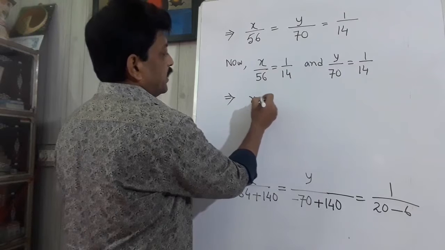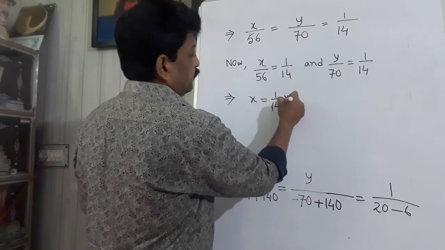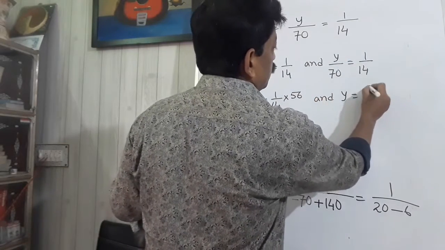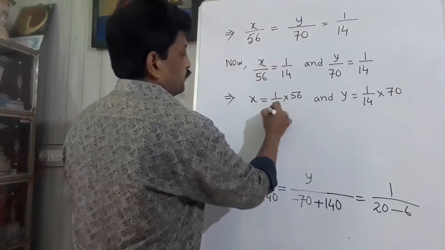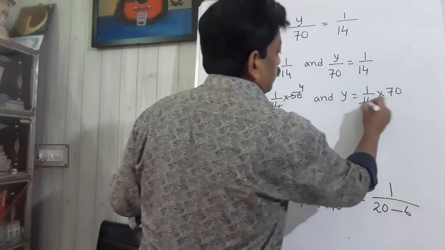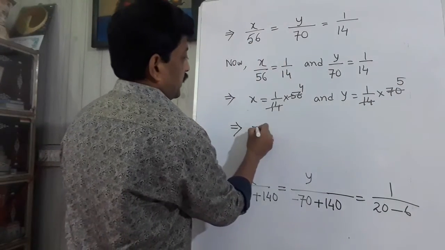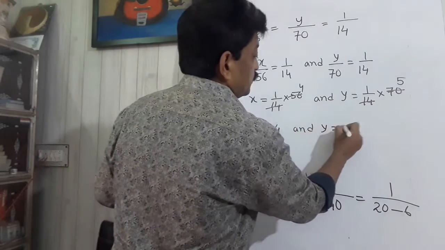So this will become x equals 1 upon 14 into 56 and y equals 1 upon 14 into 70. So 14 fours are 56, 14 fives are 70. So x equals 4 and y equals 5.